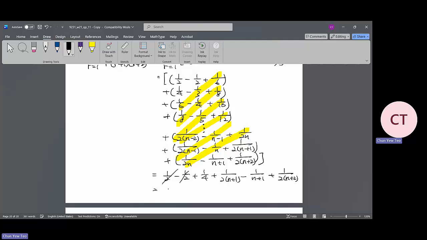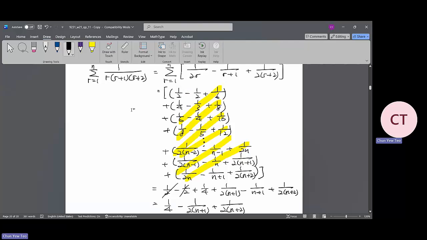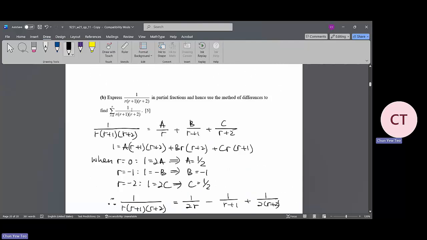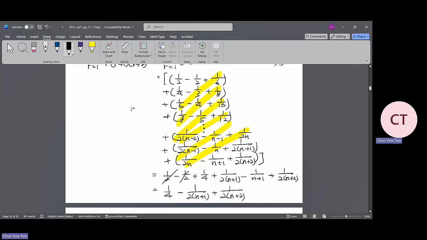Simplify it, you get 1 over 4 minus this plus this. So there's no need for you to simplify them into a single fraction because the question didn't require you to do so. So we can just leave our answer for number 2b like this. Done.